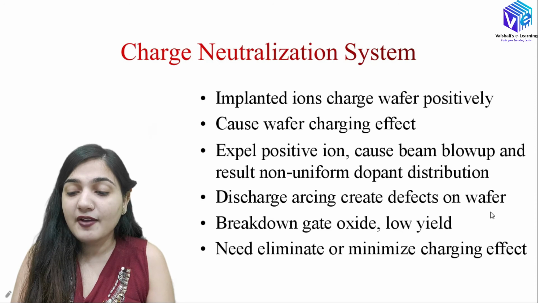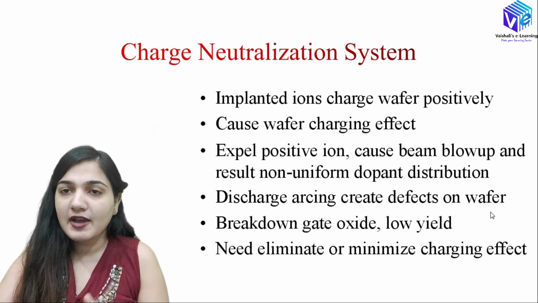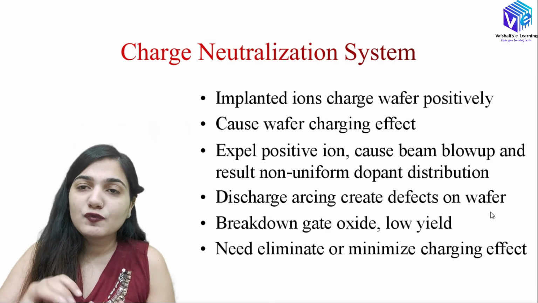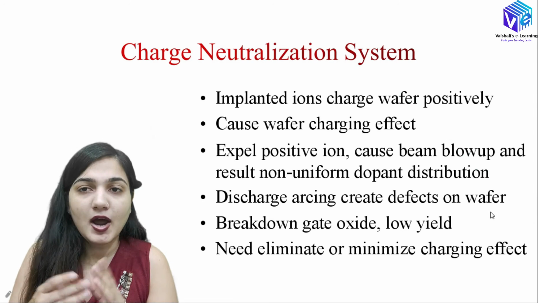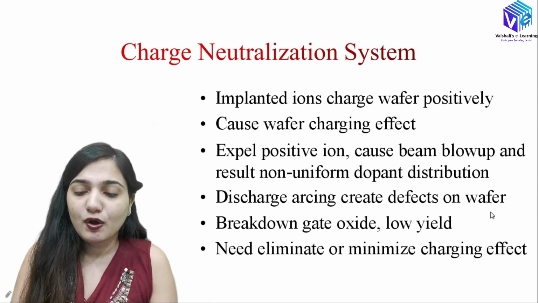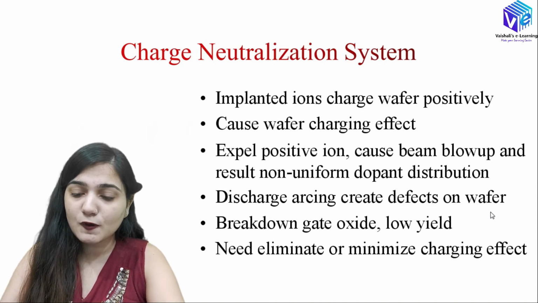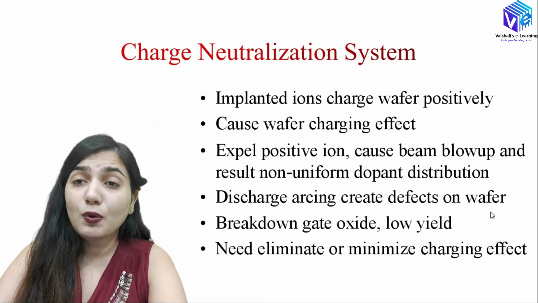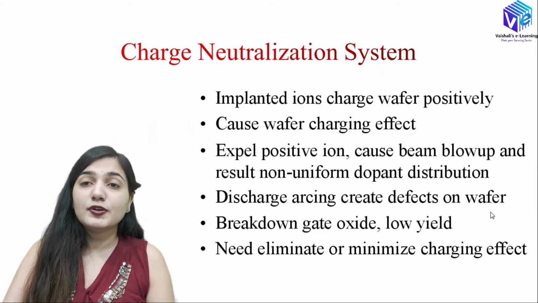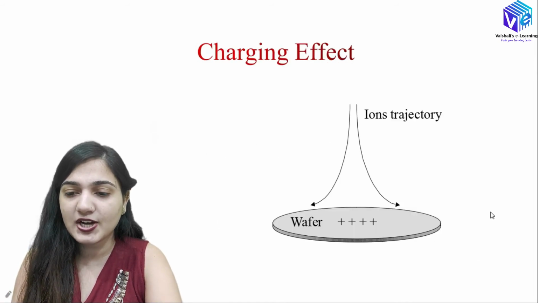So we should have a discharge mechanism, which means some mechanism by which we are making these ions into uncharged particles. Discharge arcing will also create defects on the wafer. It causes the breakdown of the gate oxide, which will give me lower yield. So I need to neutralize this charge. We need to eliminate or minimize the charging effect.